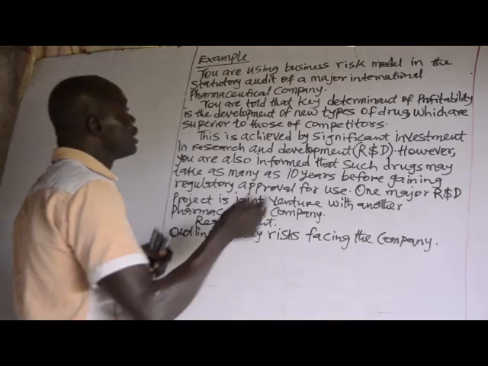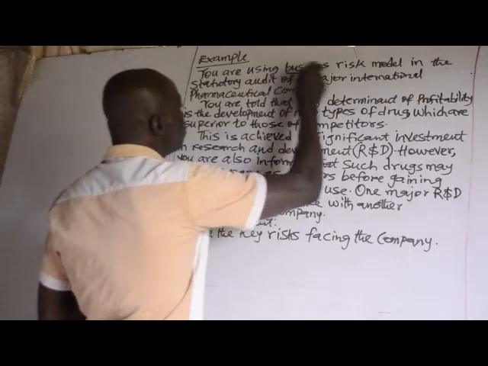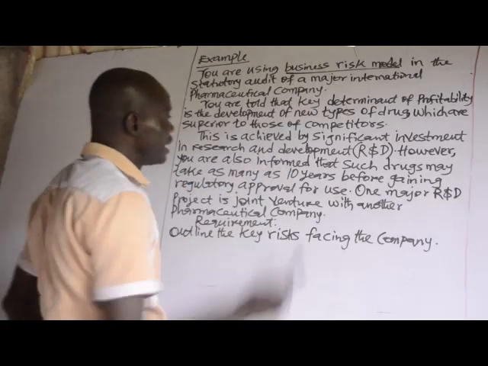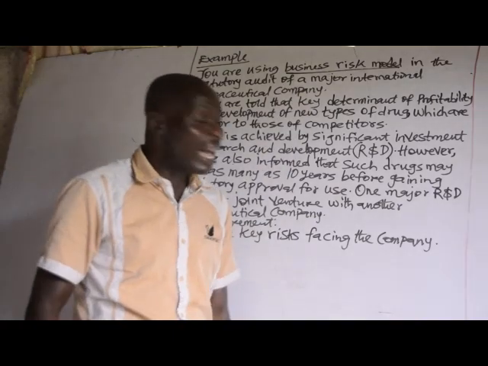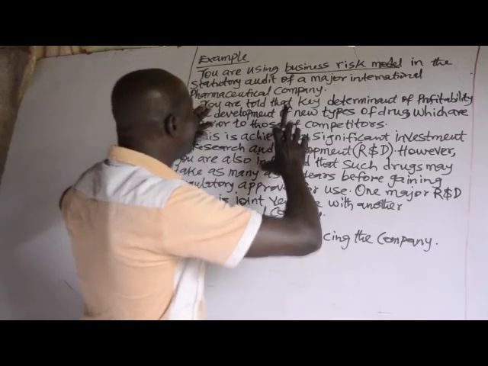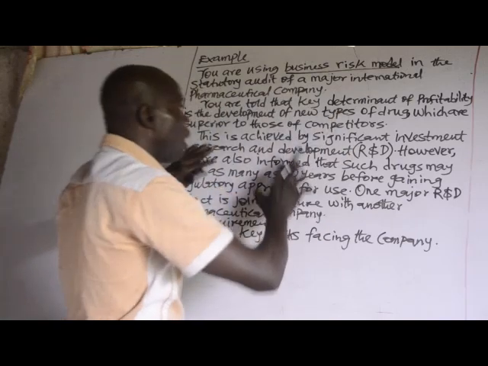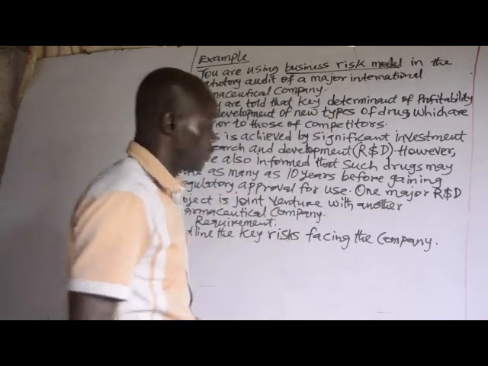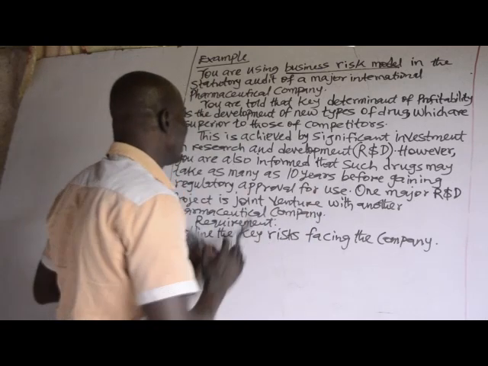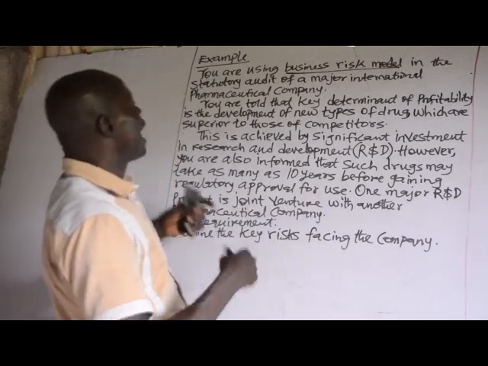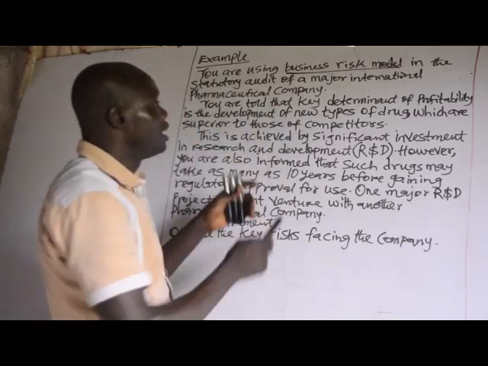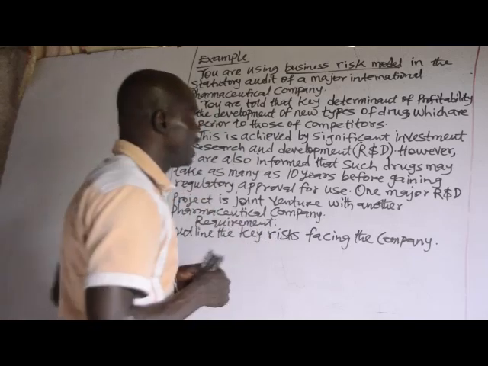Now, since they are using the business risk model, that means you have to identify the business risk. To answer this question, the first thing is to identify the key requirements or key factors in this question that may likely pose a threat to this organization, that may jeopardize this pharmaceutical company's chances of achieving their objectives.